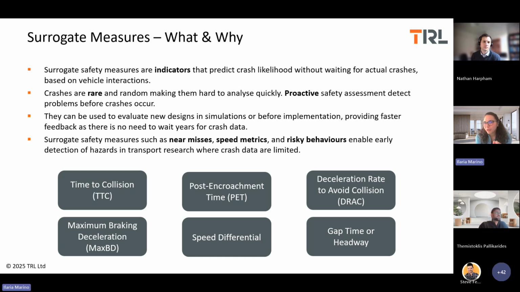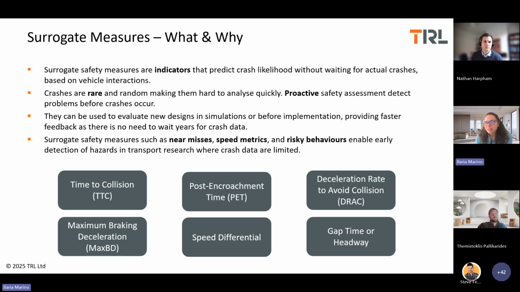As we are all aware, collision data can be sparse or rare, so it's quite difficult sometimes to analyze collision data, and that's where surrogate measures come in handy. They're also helpful because they are proactive, so basically we don't have to wait for a collision to happen, but we can analyze those metrics that are related to collisions, but are not necessarily a collision.